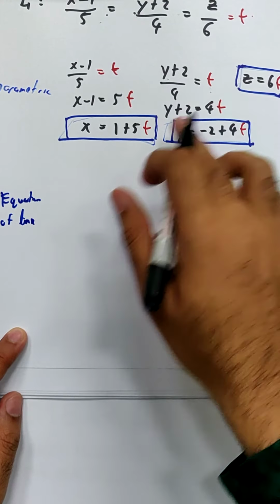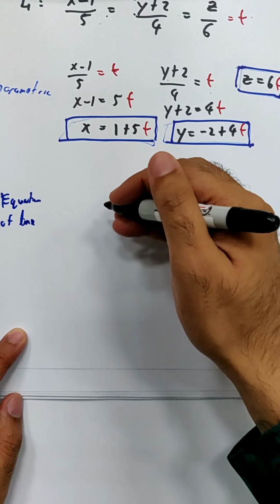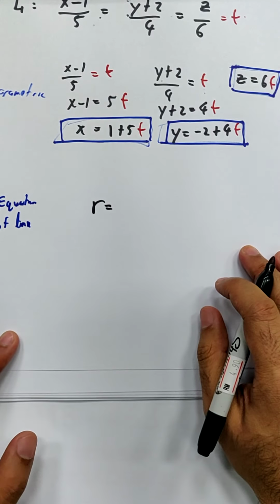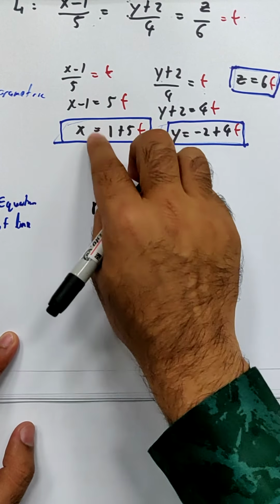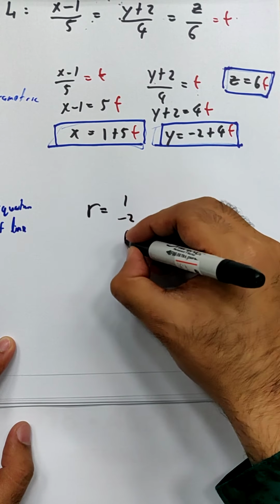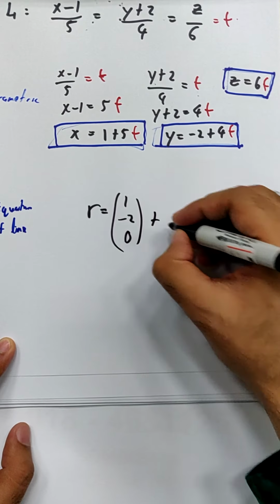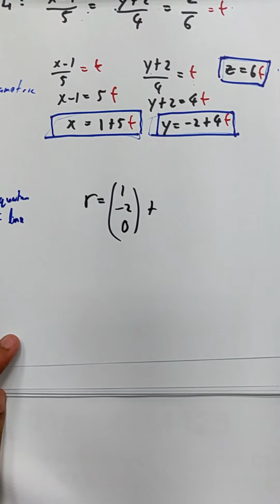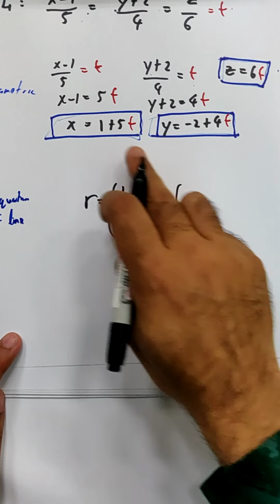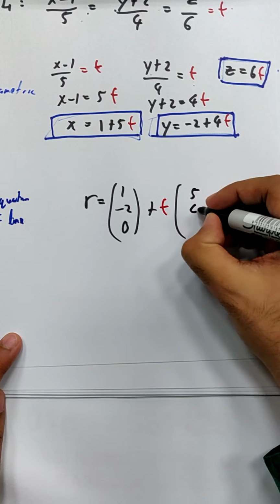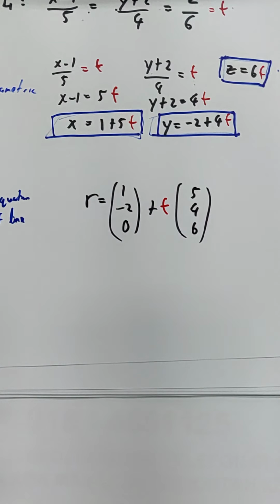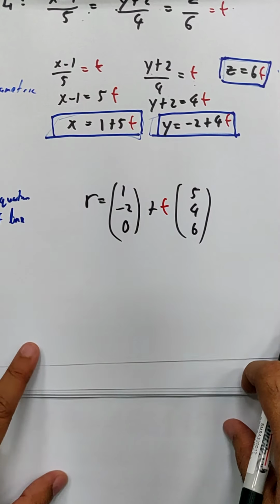The x, y, z, you can also rewrite as r equals, now what's your point? (1, -2, 0). And then write your t. What else? (5, 4, 6). Got it? Very good.